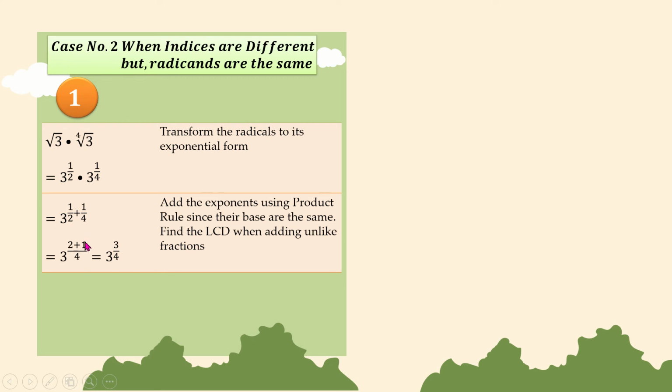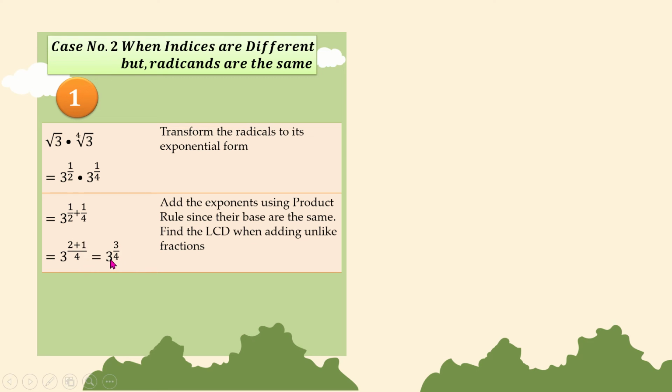To get the numerators, divide the LCD 4 by each of the two denominators, which are 2 and 4. The result is multiplied by the numerator. So 4 divided by 2 is 2 times 1, 2. 4 divided by 4 is 1 times 1, 1. 2 plus 1 over 4, which is 3/4.